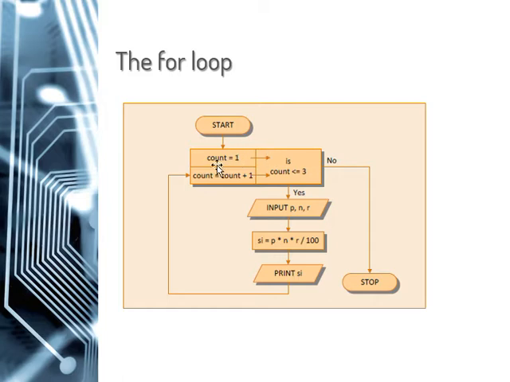So, ang initialization, count is equals to 1. Ang testing is count less than or equal to 3 in this example. Tapos incrementation, which is, we incremented count by one value kada loop. So, ang ana siya, no?